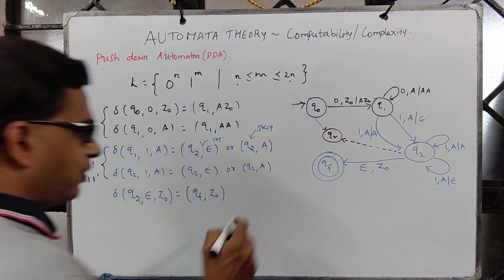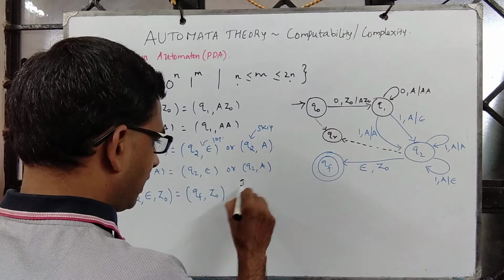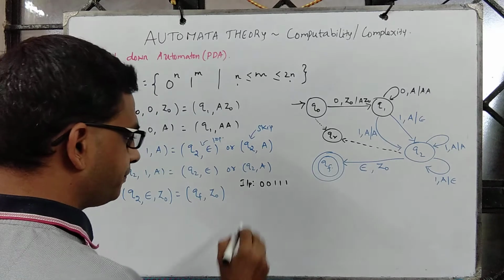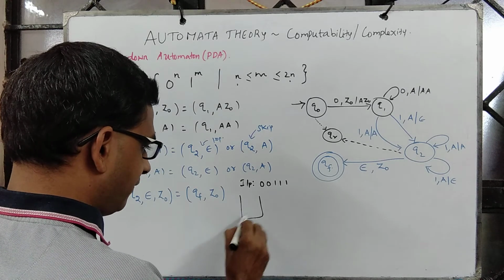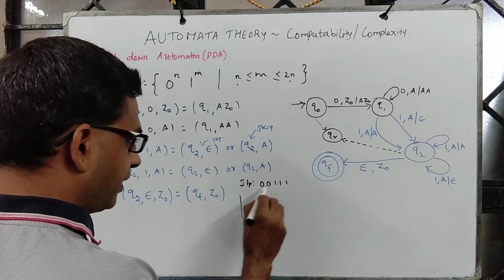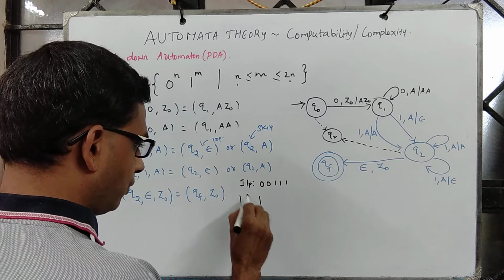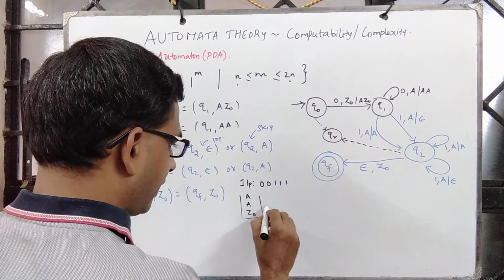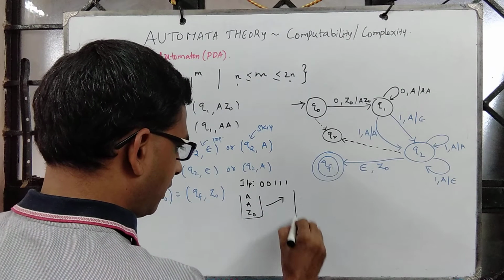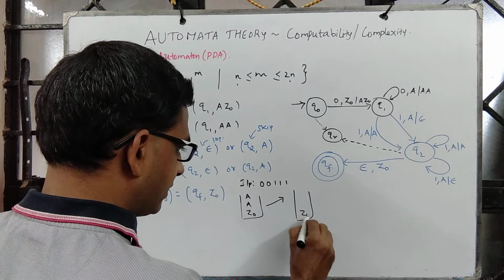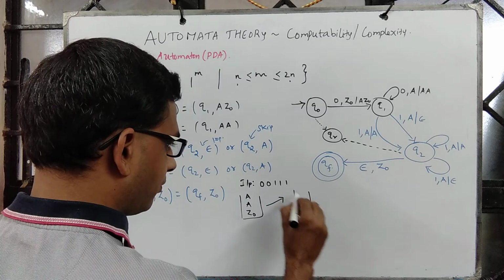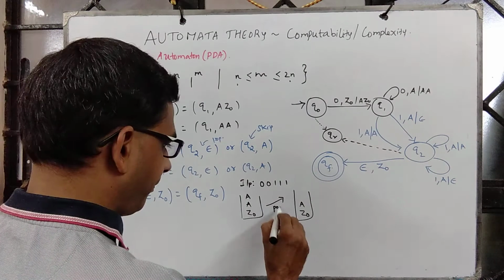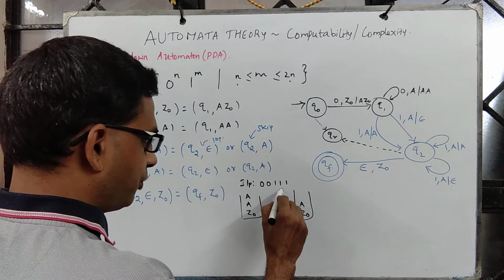And as we have seen before, suppose you take the input to be 0, 0, 1, 1. To start with, it is Z0, then we perform 2 push operations, then we see 1. One direction says you perform pop, so 1 A is out, and then the input pointer is here.